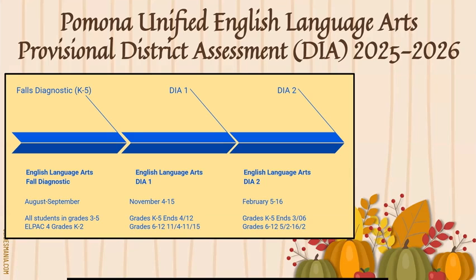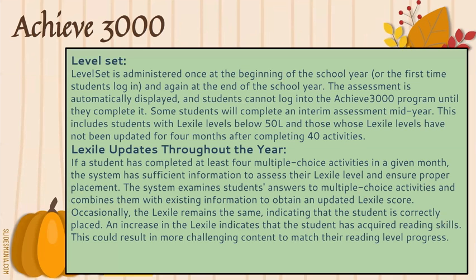Now, the next part is the Achieve 3000. So what happens with Achieve 3000 is that it is administered to the students once at the beginning of the school year, and then once again at the end of the school year.